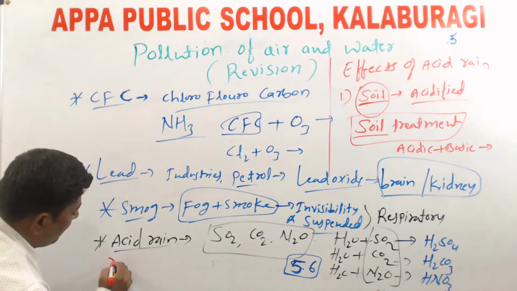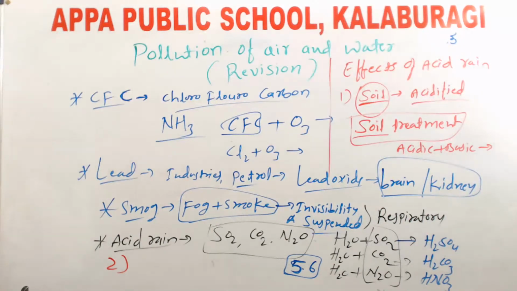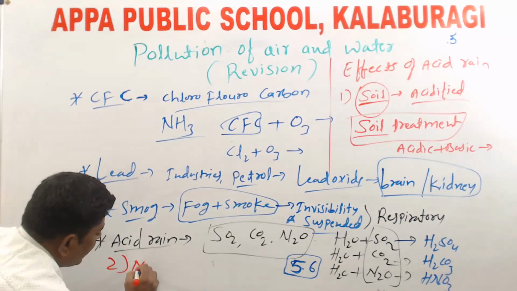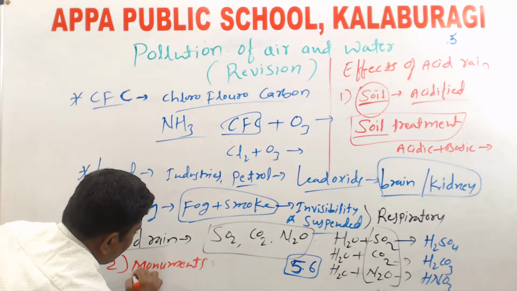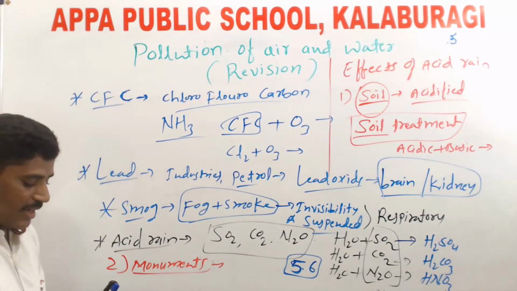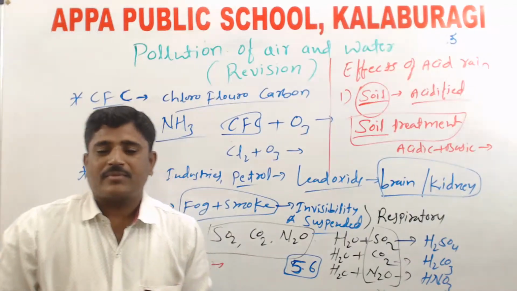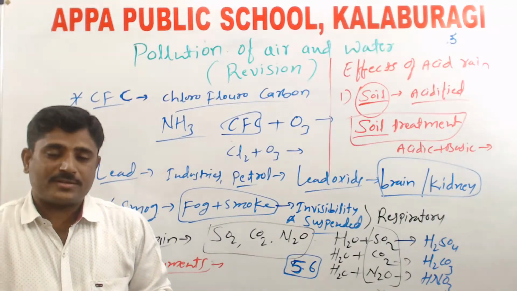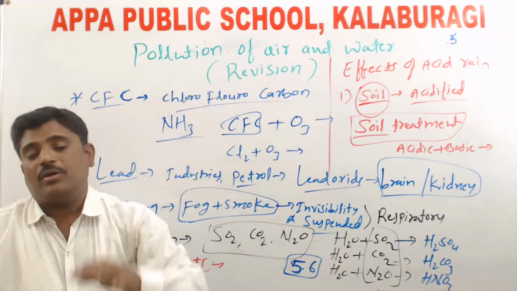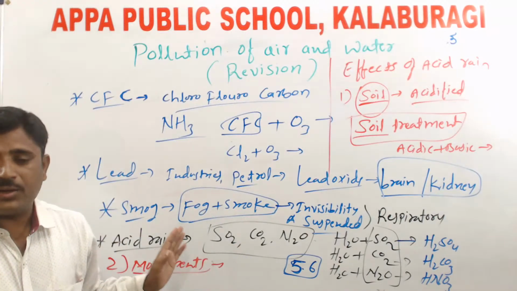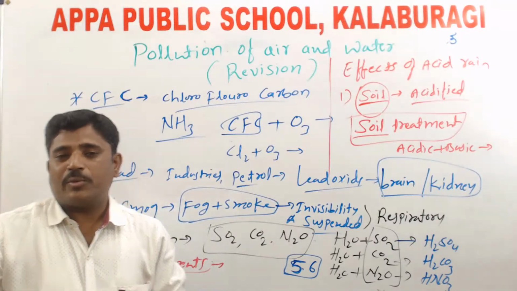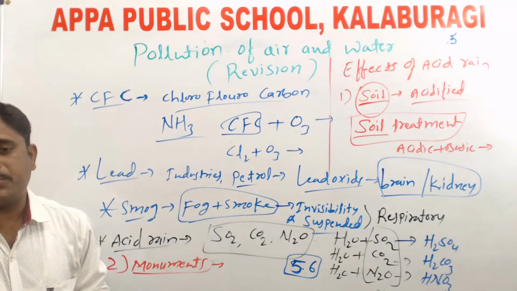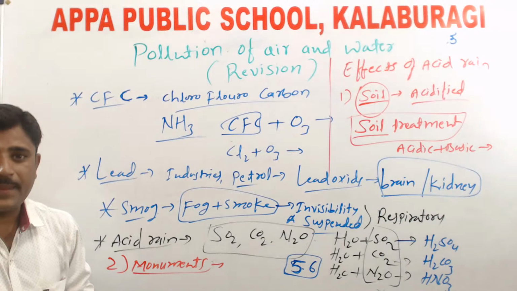Next, the second point I'm going to write here: it affects historical monuments, like the Taj Mahal. I think you observed Hampi, Aihole, Pattadakallu, and the historical monuments in Bijapur and Gulbarga.